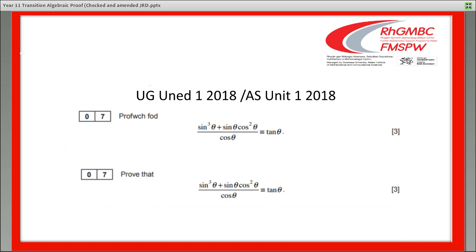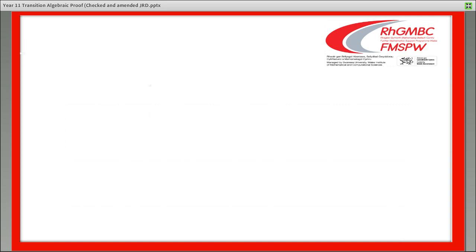Now, as you can see there, prove that sine cubed theta plus sine theta cos squared theta, all divided by cos theta, is equivalent to tan theta. Now, there's a couple of things that you will need to learn in your studies into A-level maths that will make this question so much easier. Now, the 2 things you need to learn, one of which is that sine theta divided by cos theta is equal to tan theta.